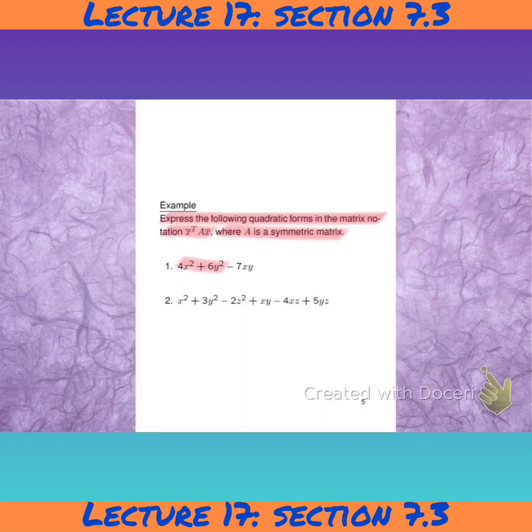So that takes care of that one. This one I'm going to leave as an exercise. So there you've got 3 variables, so your vector X is going to be comprised of 3 variables. And then you want to find the 3 by 3 matrix A, a symmetric matrix.